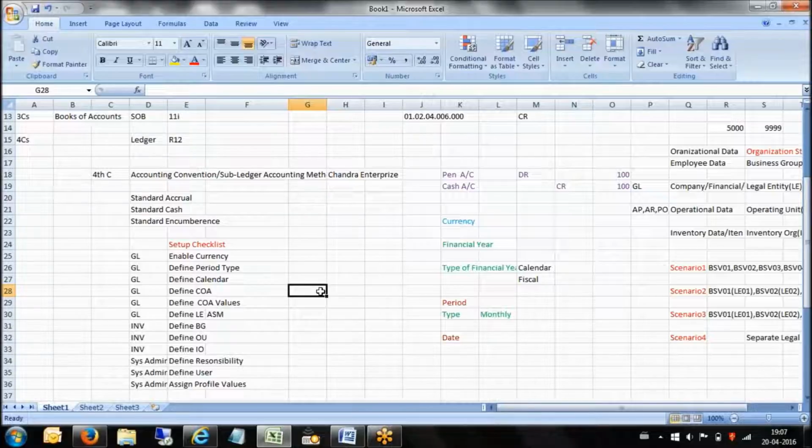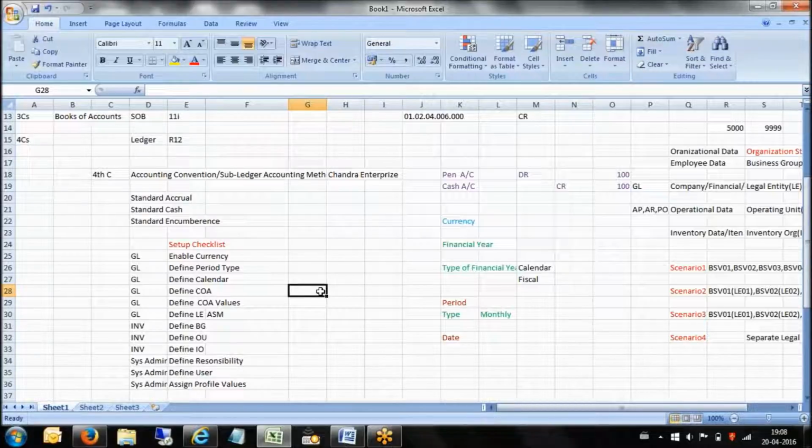But still, my functional currency remains USD. Adding other currencies into the model doesn't make any impact in terms of the third C. Am I accurate so far? Yes. Go ahead, please. I can have one functional currency, but I can receive transactions in many currencies as long as I define the currencies in my legal entity or ledger. Right.